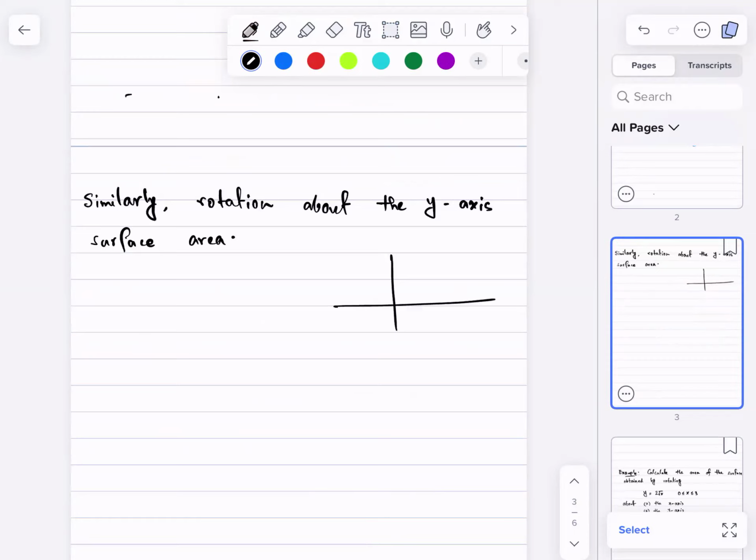Say this is my function given, and I rotate around the y-axis, then the picture of the region will be like this. Because this time I am rotating around the y-axis instead of the x-axis. So now the formula will be 2 pi x ds.